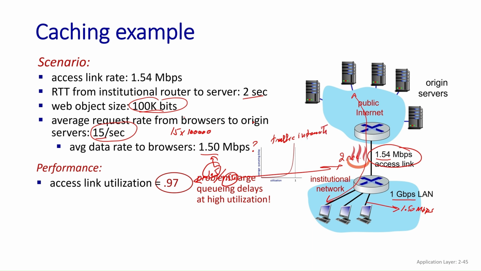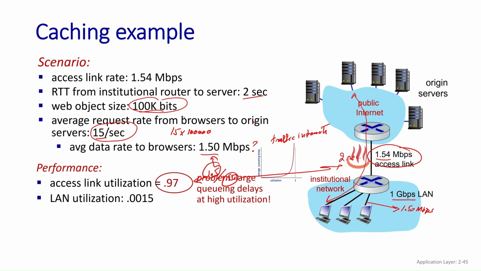The closer the traffic intensity is to one, the longer the queues will be, because I am approaching the maximum limit. So we have learned this: intensity closer to one means longer queuing delays and high utilization.